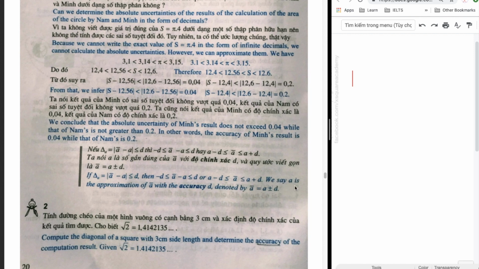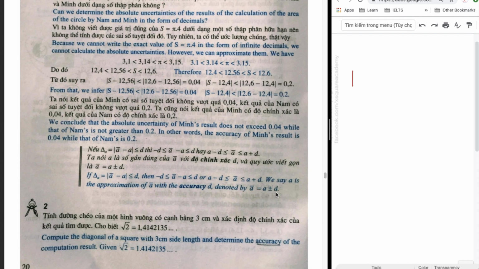We say a prime is the approximation of a with the accuracy d, denoted by a prime equals a plus minus d.